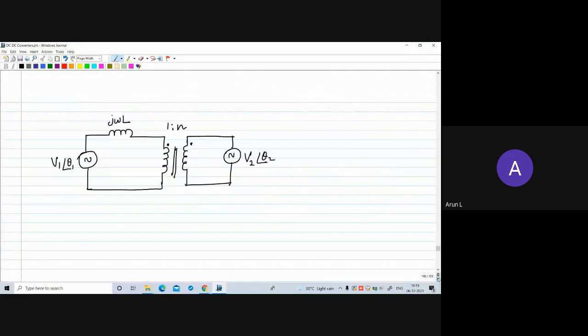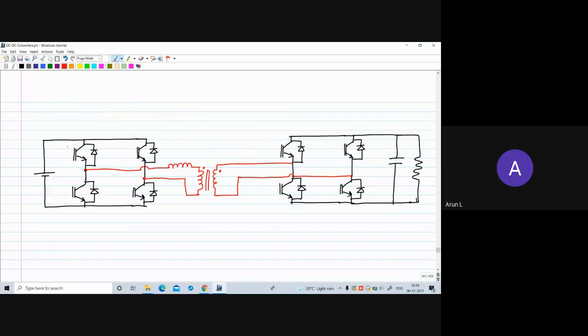So I can introduce a transformer in between to get galvanic isolation. Here V1 angle theta 1 is one AC voltage source, V2 angle theta 2 is another AC voltage source. In between you have an inductance and a transformer of turns ratio 1:1. How to realize an AC voltage source from a DC supply, we have already seen, DC to AC conversion. So here you have a DC link and a full bridge, which gives you an AC output.